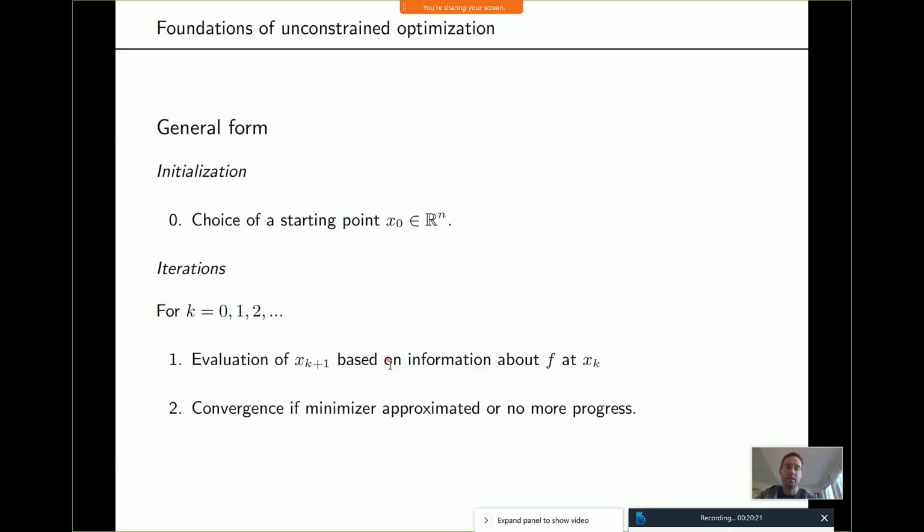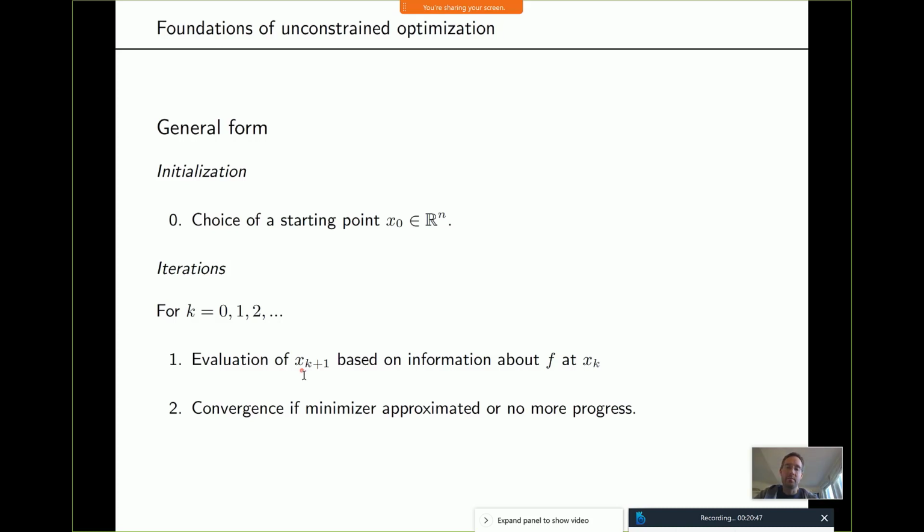Then you use the information of f at x1 to evaluate x2, and so on. So you get a sequence of parameter values, or parameter iterants, or arguments of your objective function, that goes on as long as you let it go on.